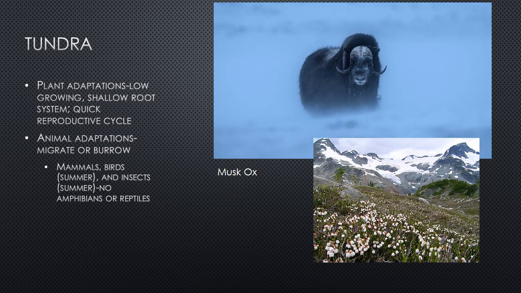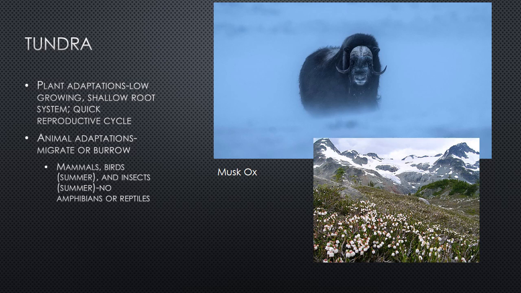The animal adaptations, those that are present, which isn't a ton, is that they either migrate into the area so they aren't there full time, or they tend to be burrowing animals, those that can stay underground, which is a little bit warmer sometimes. Keep in mind, it's very windy in the tundra because there's no wind screens.